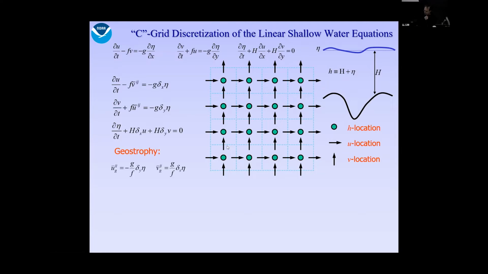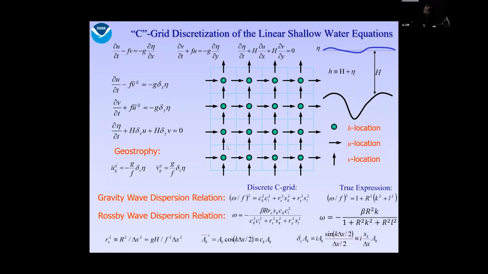One consequence of this averaging is that the representation of a geostrophic balance on a C grid is that the average of four adjacent velocity points balances the gradient of the pressure field, or in this case, the surface height. It also has consequences when it comes to the gravity wave dispersion relation, which looks pretty good, except when you get down to the grid scale, the gravity waves are essentially non-rotating.